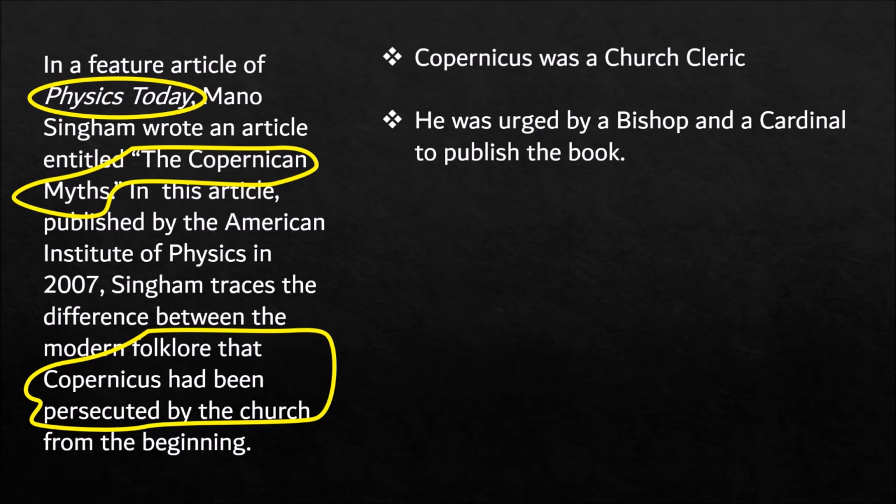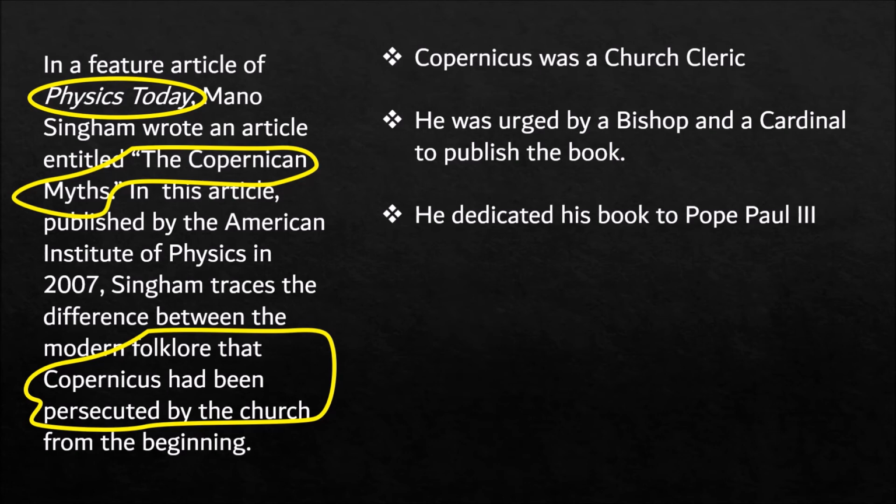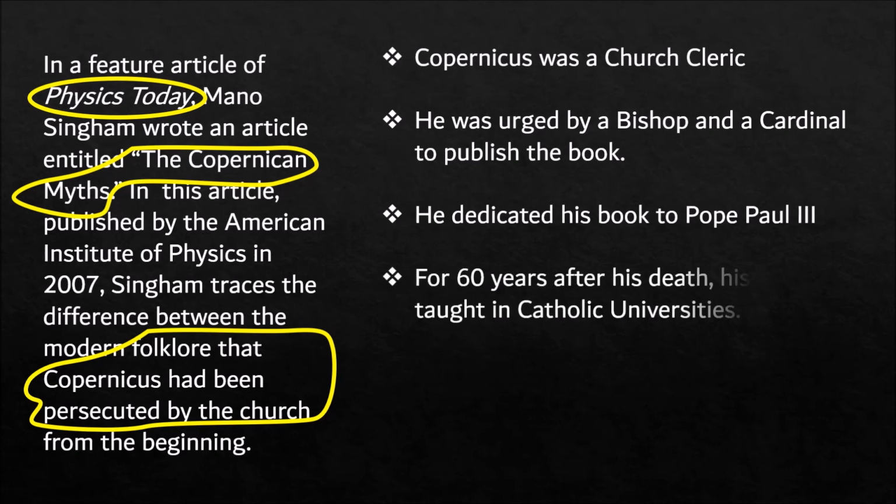Copernicus was urged by both a bishop and a cardinal to publish his book. He dedicated his book to Pope Paul III. For 60 years after his death, this book was taught in Catholic universities.